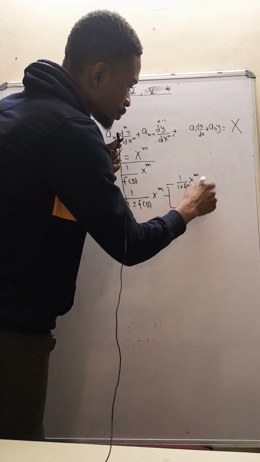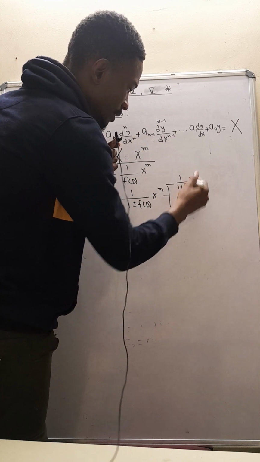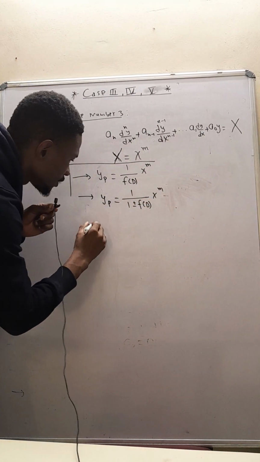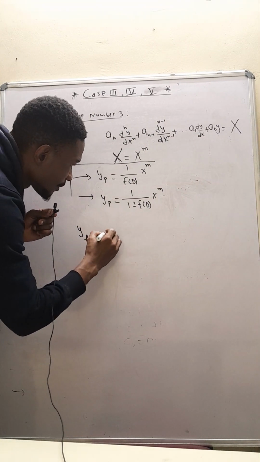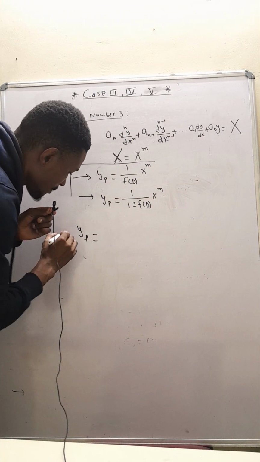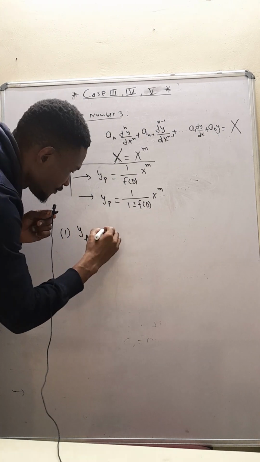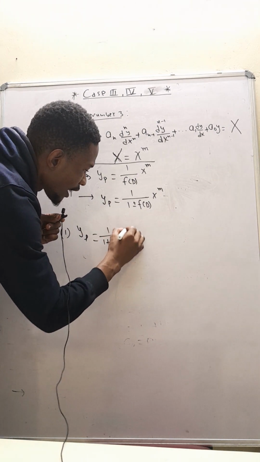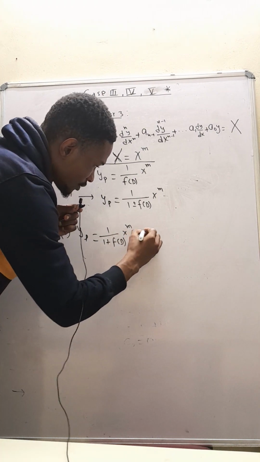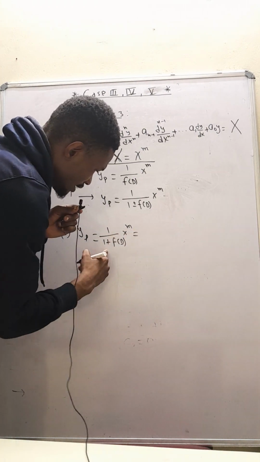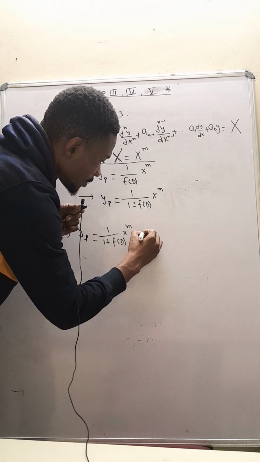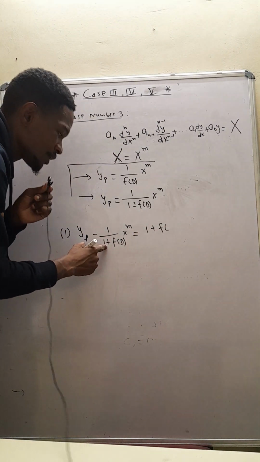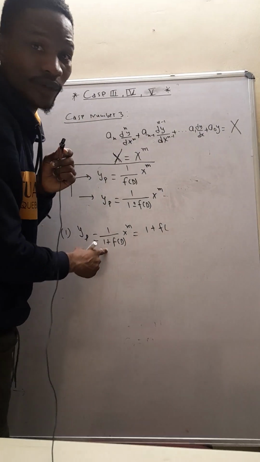So yp here, for this case, when this is positive, 1 upon 1 plus f of D times x raised to m will be equal to 1 plus... when this is positive, the sign will interchange.